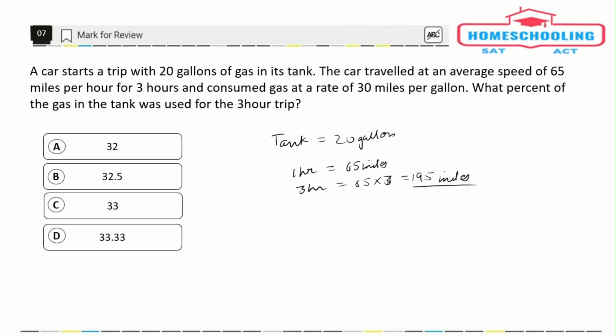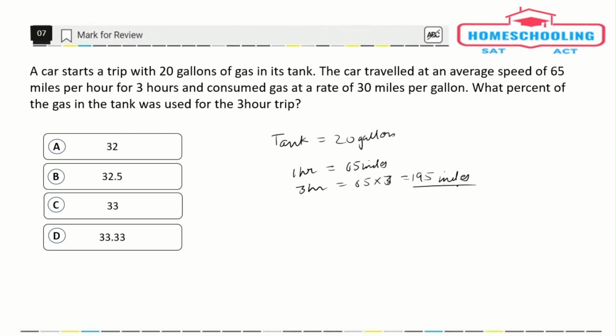So in 3 hours, it has covered 195 miles and consumed gas at a rate of 30 miles per gallon. So what we're going to do here is divide.